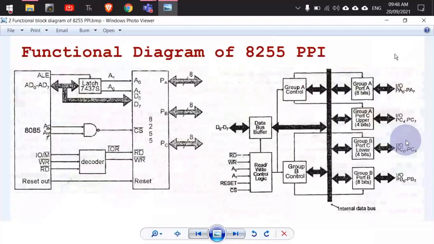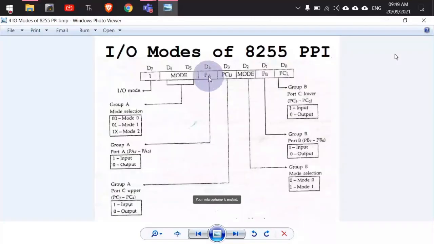So that is how PA and PC upper is grouped and PB and PC lower is grouped, right? So this PA can be programmed as input or output port. Similarly, port C can also be programmed as input or output port. So that is decided by the combination of these 2 bits, and the same is applicable to port B, that is group B also, right?